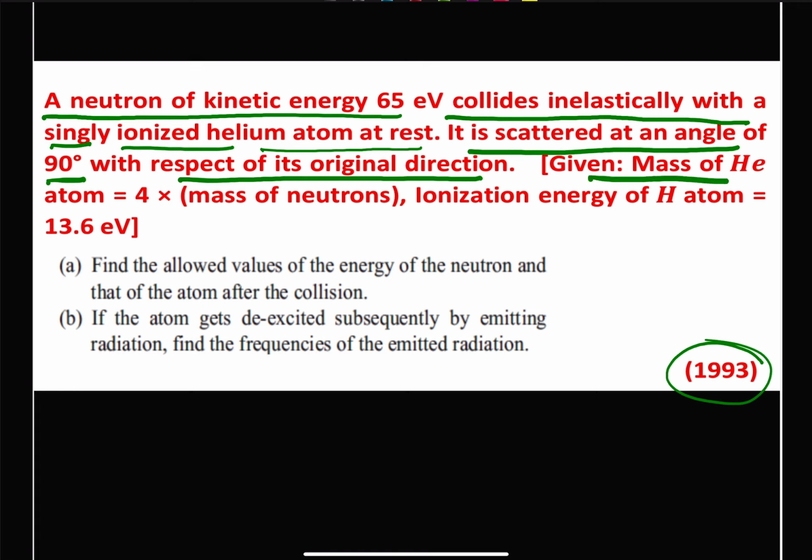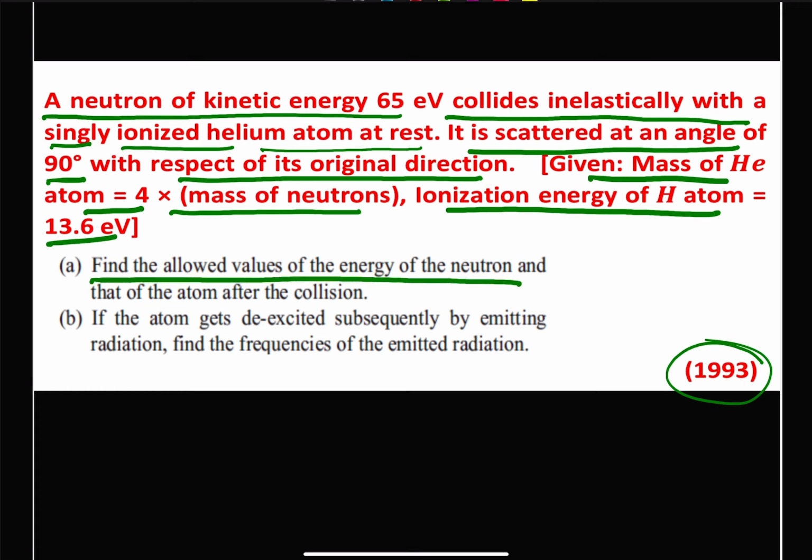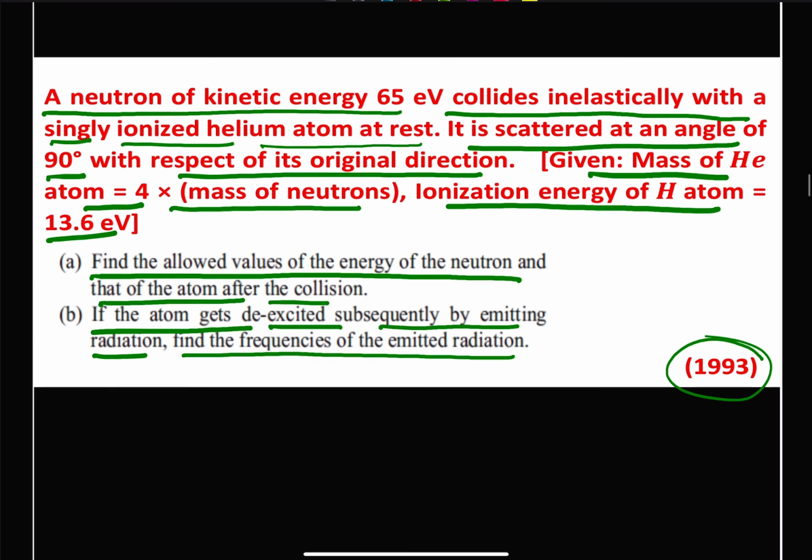Given mass of helium atom is 4 times the mass of neutron, ionization energy of hydrogen atom is 13.6 electron volt. Based on this, we are going to find out two things. First is find the allowed values of energy of the neutron and that of atom after collision. Part B, if the atom gets de-excited subsequently by emitting the radiation, find the frequency of the emitted radiation.